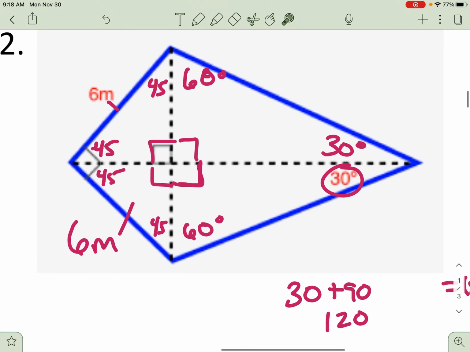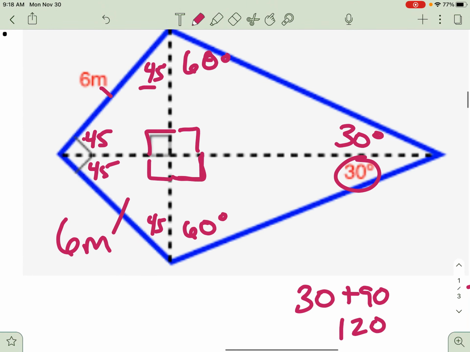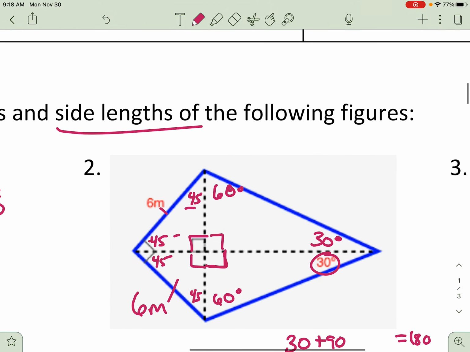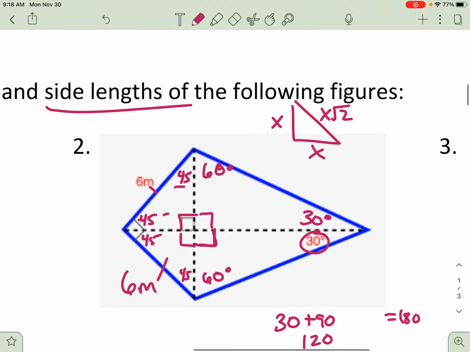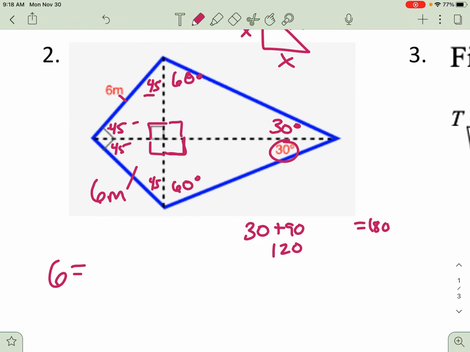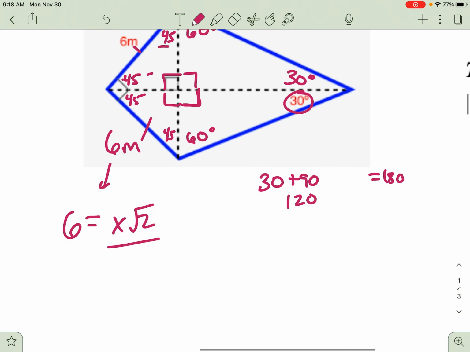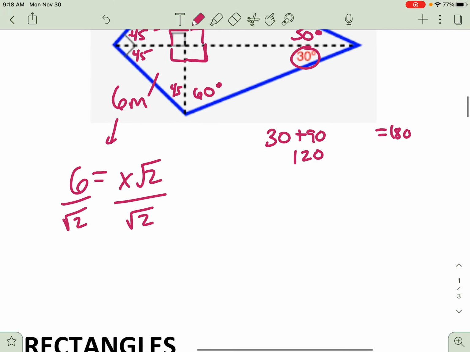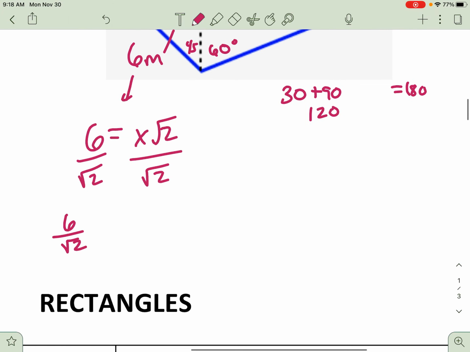But you could say that since this is 45, 45, 90, remember 45, 45, 90 has x, x, and x radical 2. So for this one, we just have to say 6 equals x radical 2, divide by radical 2. So you'd have 6 over radical 2, and then you'd multiply both by radical 2.